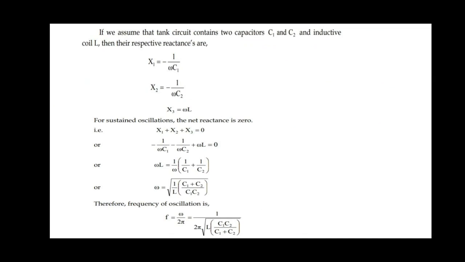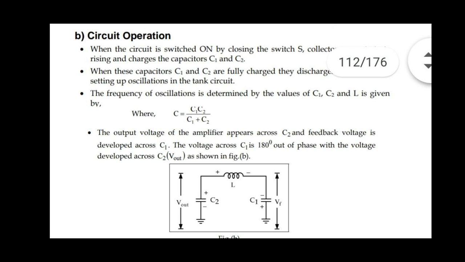That's the circuit operation. When the capacitor is fully charged, the electrostatic energy stored in the capacitor is transferred to the inductor as a magnetic field. So the inductor starts discharging and the capacitor gets charged again. This transfer of energy back and forth between the capacitor and inductor produces oscillations.